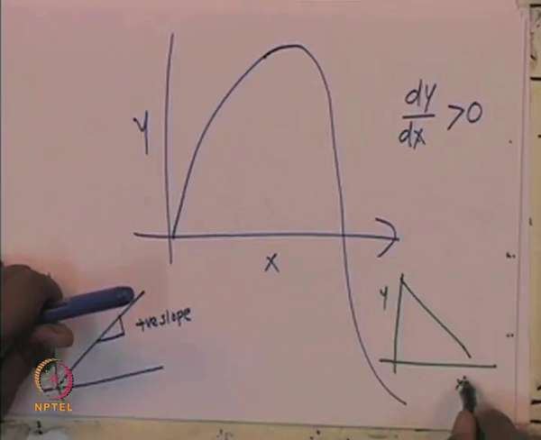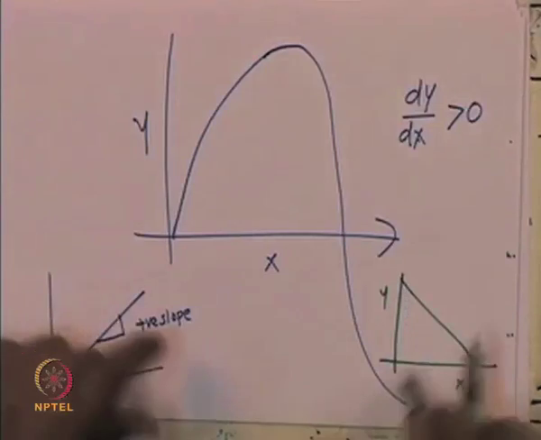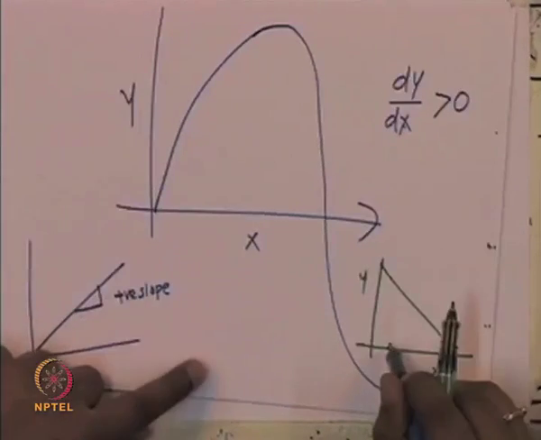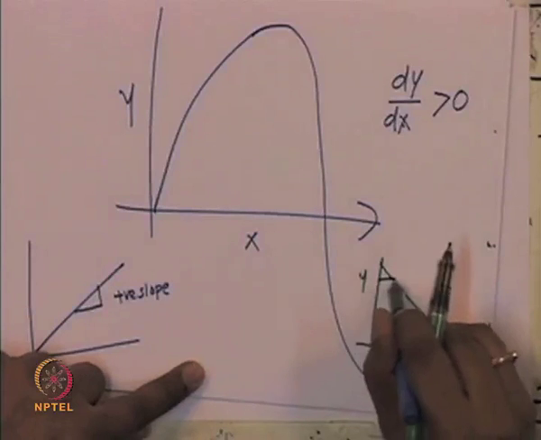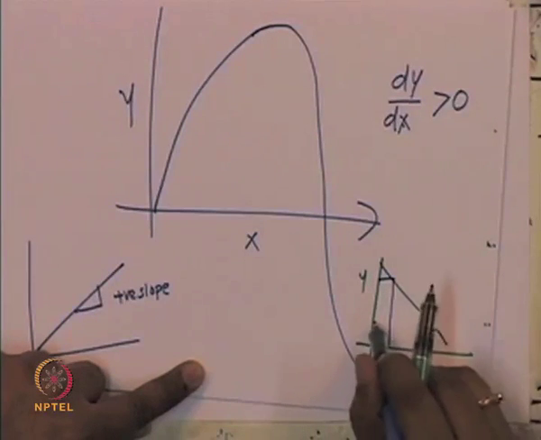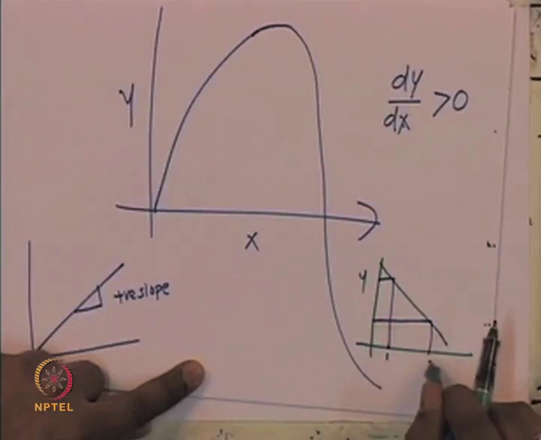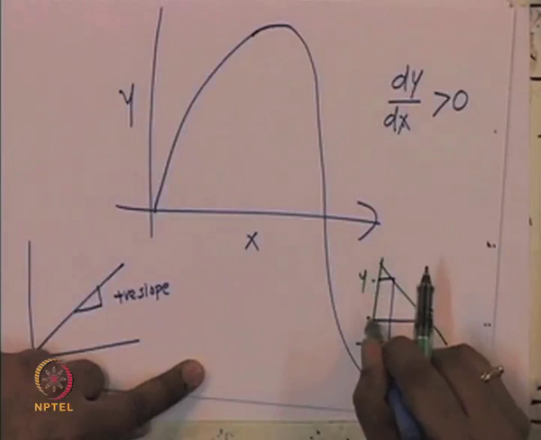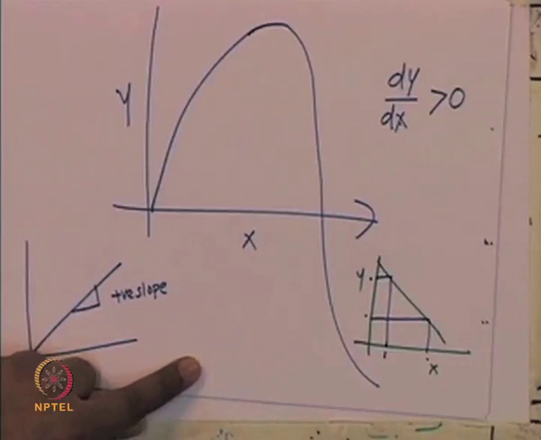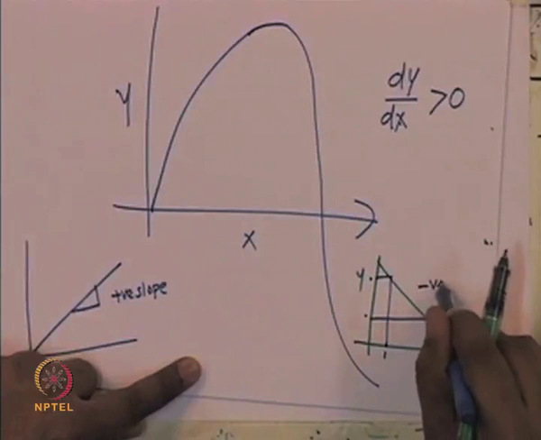As the x increases, y is decreasing. For this particular value of x, this is the y value. For this particular value of x, this is the y value. So, x increases from here to here, but y decreases from here to here. So, as you can see, this has a negative slope.